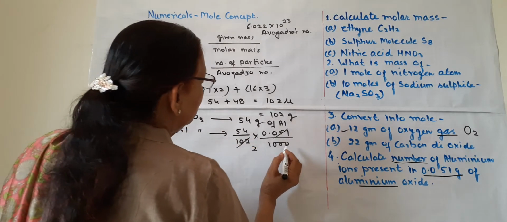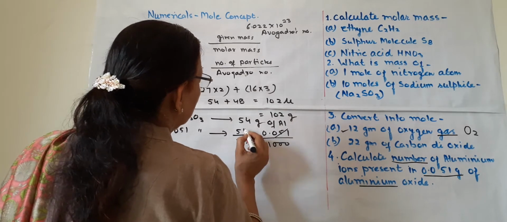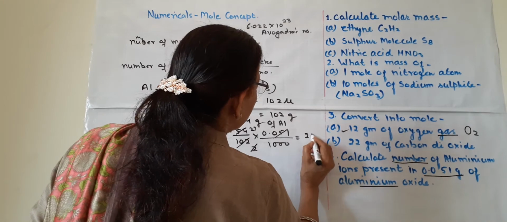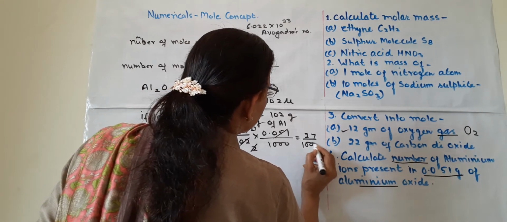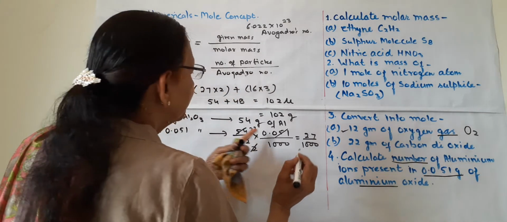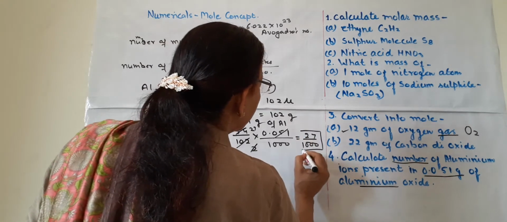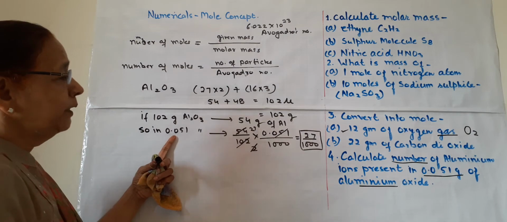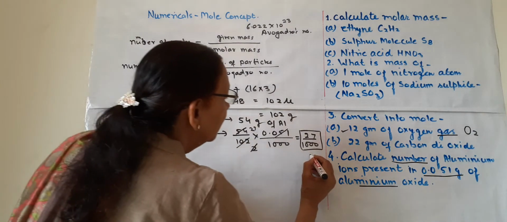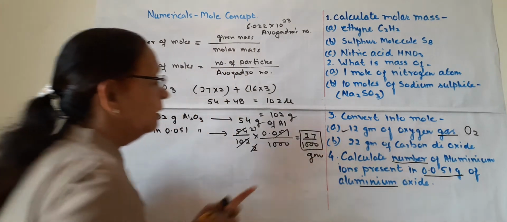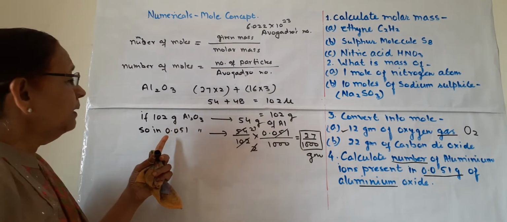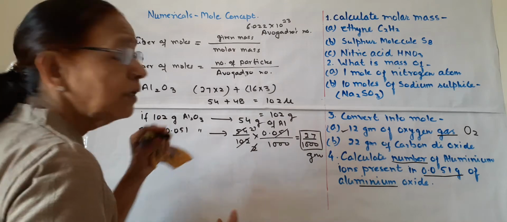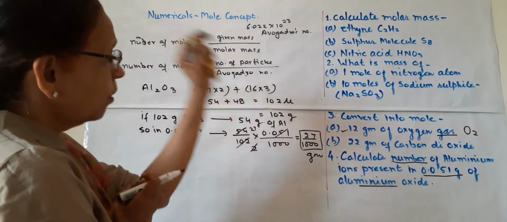How? 2 2s are 4, 2 7s are, it will be 27 upon 1000. So this is the aluminium present in so much aluminium oxide. So this is in grams, this is mass. So much aluminium is present in so much aluminium oxide.